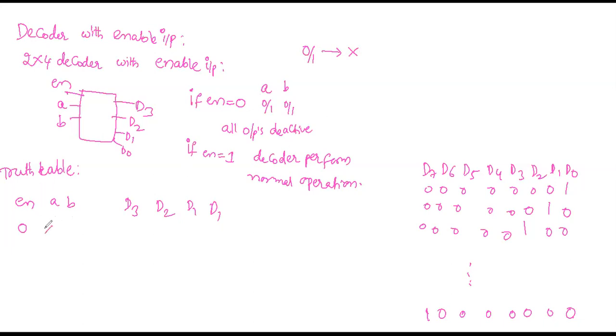If enable is 0, all the outputs are deactive, deactive means 0. If enable is equal to 1, then it will do the normal operation. Then if A and B are 0, 1, D1 will be active. If it is 0, 0, D0 will be active.